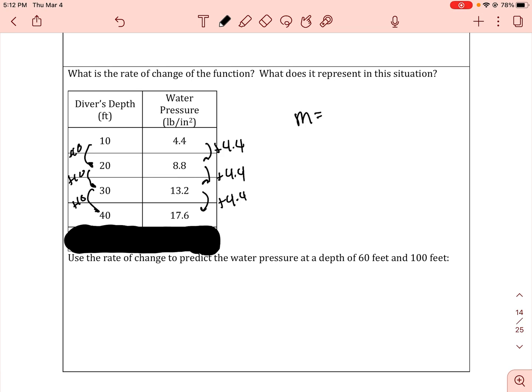So the rate of change of my function is 4.4 divided by 10, which equals 0.44. That represents the amount of water pressure per foot that the diver dives.